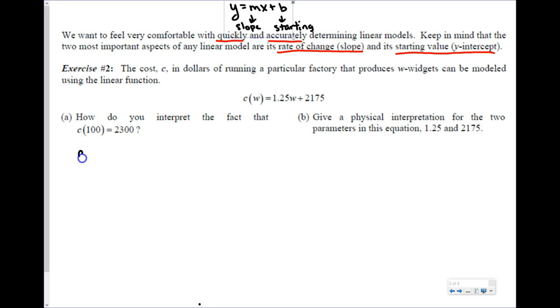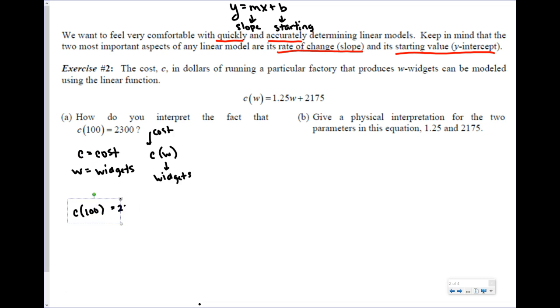So I'm going to remember that C here is cost and W is widgets. And remembering that this right here means that widgets is on the inside, right? C stands for cost and W stands for widgets. So when I have this statement right here, this 100 stands for widgets and this 2,300 stands for cost.